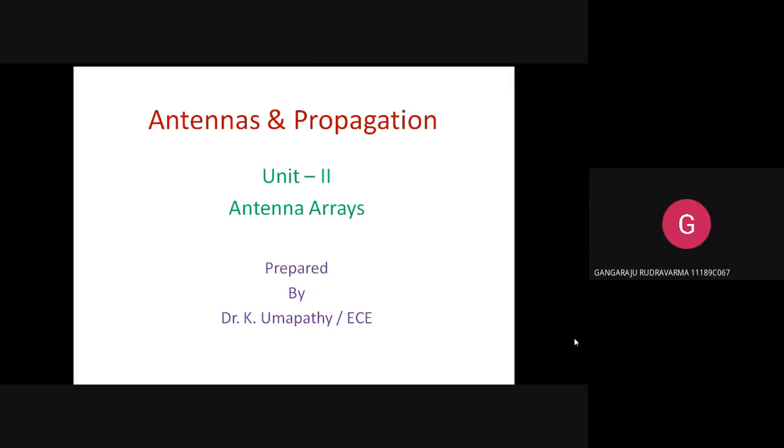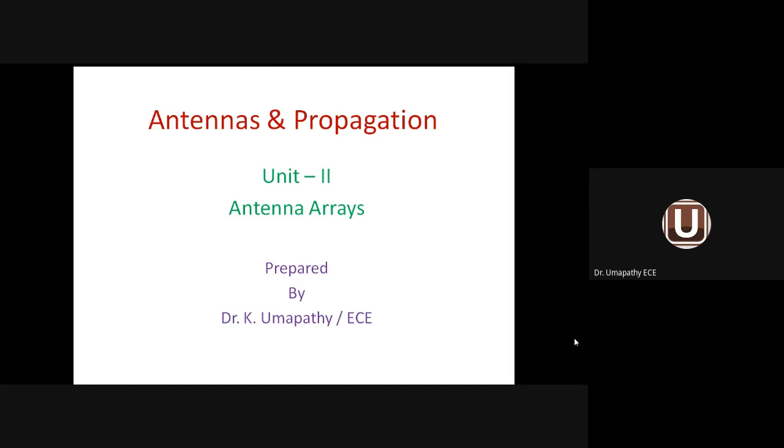Okay, antennas and propagation, unit 2, antenna array. So far under unit 1, what we have seen will give an idea. We have seen the definitions for various antenna parameters, started with the radiation pattern, then radiation intensity, radiation density, input impedance, antenna impedance, then gain, directivity, polarization, mismatch, balun.